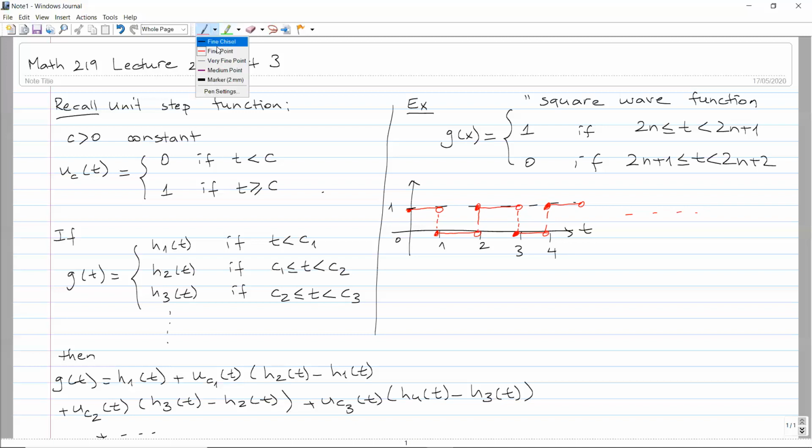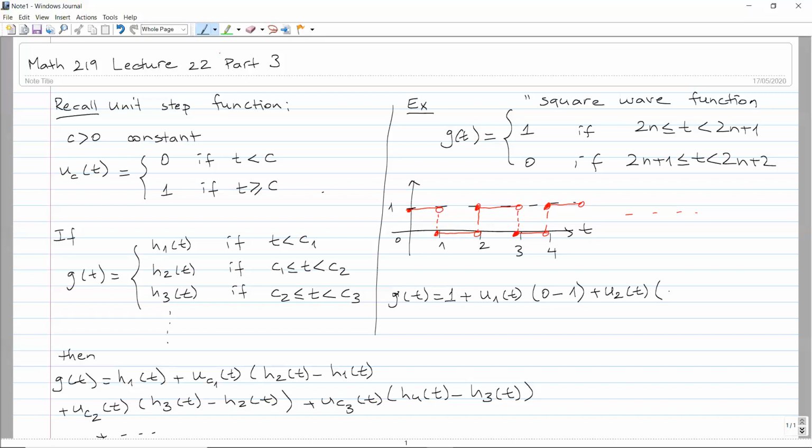So using unit step functions, we can write g of t. We start with 1. The first function is 1, and then plus u1, the first break, and the value from 1 to 2 is 0. So we take 0 minus, from 0 to 1 the value is 1. And the next one is u2.